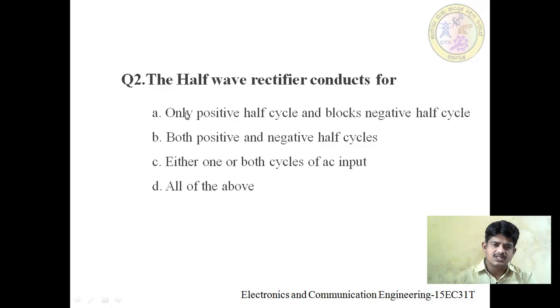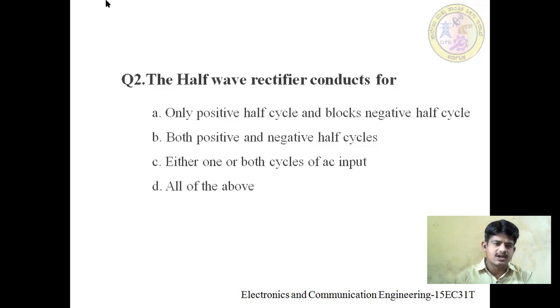Let's see whether the first one suits. Only the positive half cycle means it conducts only the positive half cycle and blocks the negative half cycle. Is it correct? Yes, because during the positive half cycle the diode comes into forward bias and conducts, and during the negative half cycle it goes into reverse bias and blocks the signal.